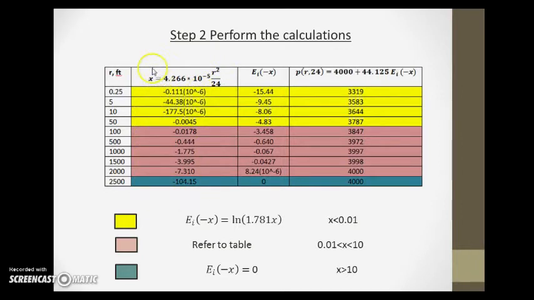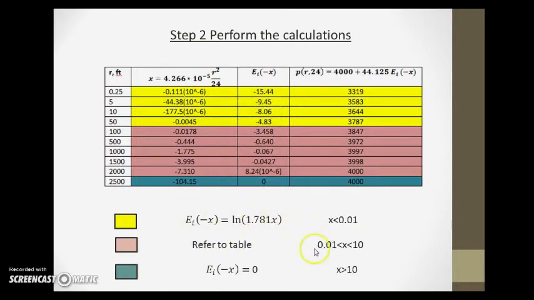After getting the X, when we need to get the EI, we have to determine whether X is smaller than 0.01, in between 0.01 and 10, or larger than 10. If the value of X is less than 0.01, like all the X values in the yellow columns, we have to use these equations to obtain the EI.